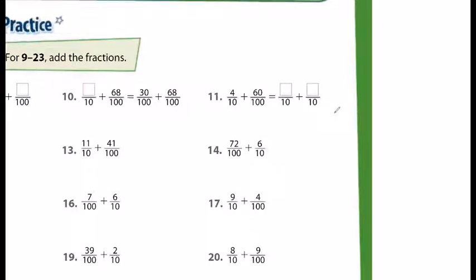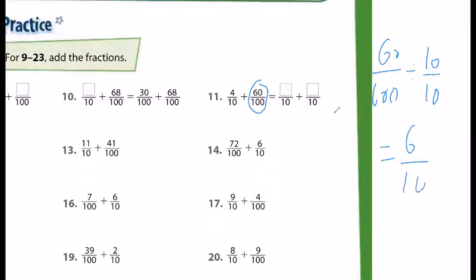So here, to make it over 10, we should divide by 10. So 60 over 100, to make it over 10, we will divide by 10 in the denominator and 10 in the numerator. So 60 divided by 10 equals 6. 100 divided by 10 equals 10.